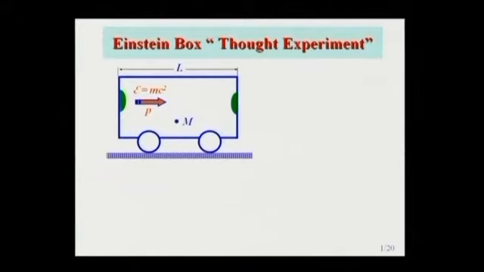This pulse of light has energy E, which you can write as mc squared, and we call m the mass of that light pulse.